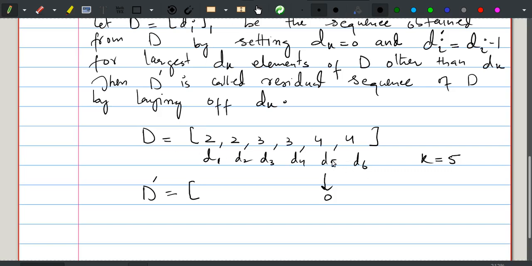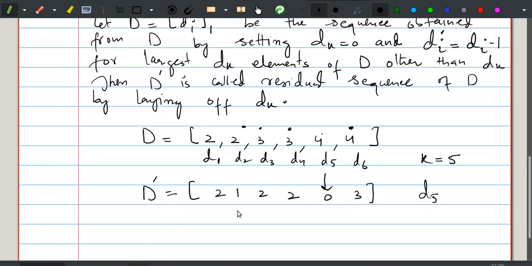Now d5 is equal to 4, so we look at the 4 largest elements of this sequence other than this 4 itself. These are the first, second, third and fourth. For these 4 elements we subtract 1. So we get 1, 2, 2, 0, 3, and 2. This is the residual sequence by laying off d5.